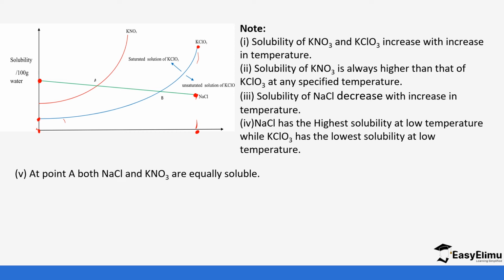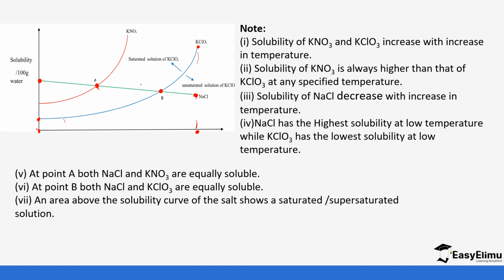And then at point A, as you can see, both sodium chloride and potassium nitrate are equal in solubility. You can see this is where the intersection is. And then at point B, that's where both sodium chloride and potassium chlorate are at equal solubility.